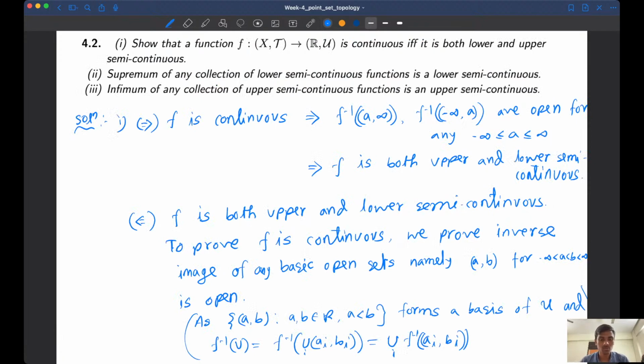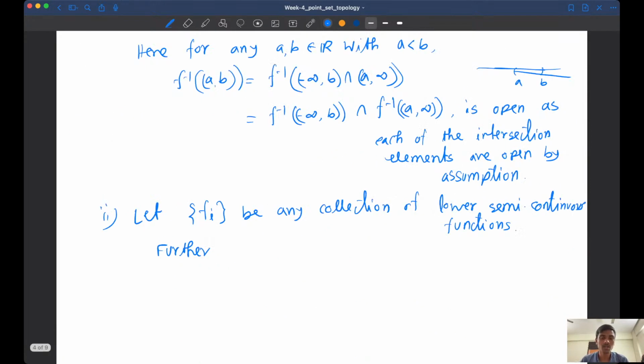Further we need to assume that this family F_i is uniformly bounded. That means for each point, let me write, further assume the family is pointwise uniformly bounded.